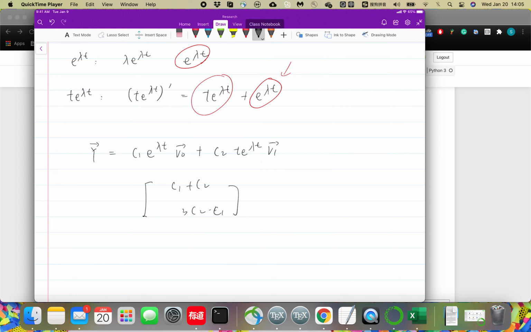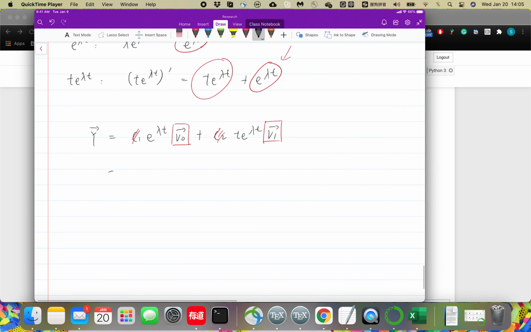And after some decomposition, you will be able to make them like c1, c2, e to the lambda t, plus c1, 0, for example, and e to the lambda t. And there's no way you can further decompose them to put all the c1 together and c2 together. So in order to make this happen, we absorb this constant into v0, and we absorb this constant into v1.